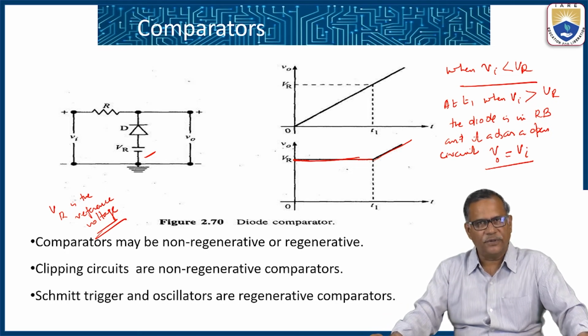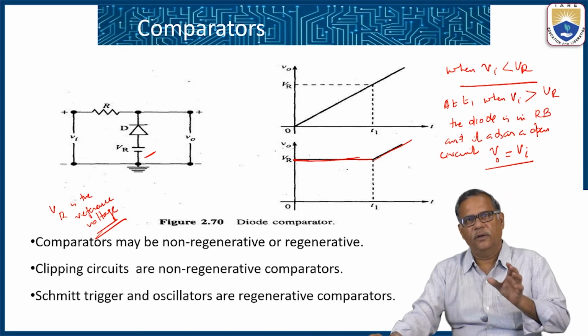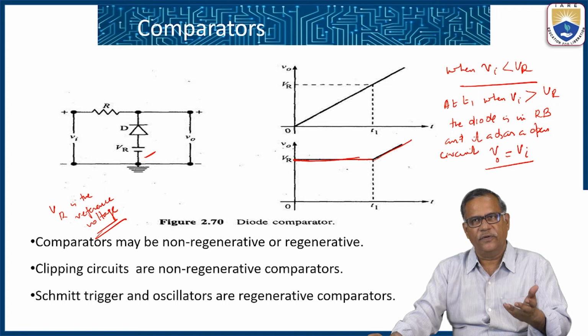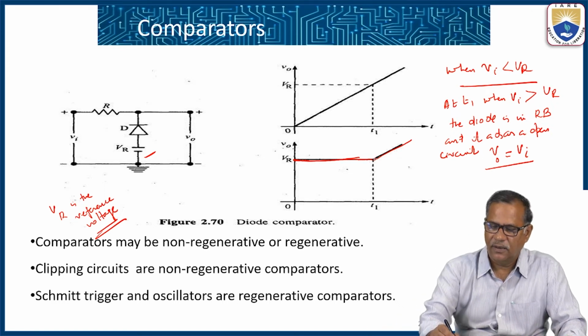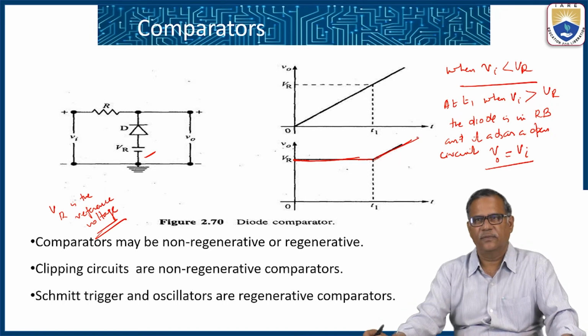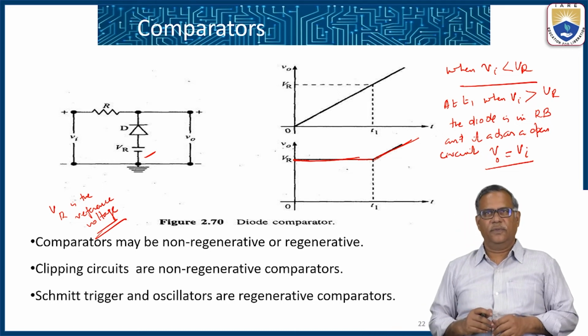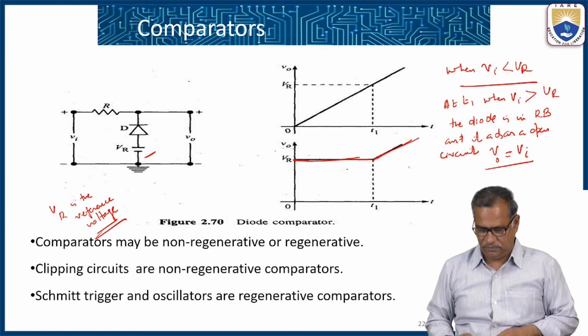And when the input ramp signal becomes more than the reference voltage, the diode becomes reverse biased, and in reverse bias, the diode acts as an open circuit, and the output voltage V0 is equal to Vi. So we get the input voltage as it is from T1. So this is how the comparator circuit works.